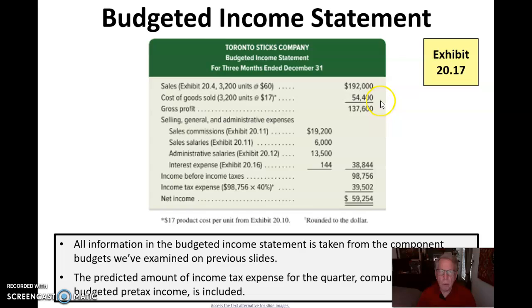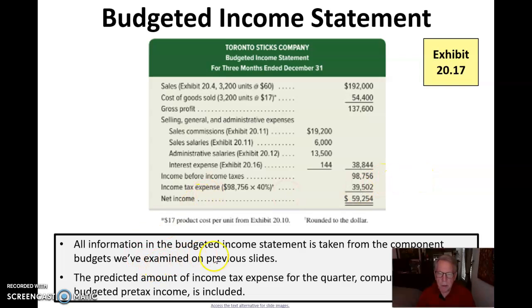We have our cost of goods sold for 3 months, our gross profit, and our selling, general, and administrative operating expenses: sales commissions, sales salaries, administrative salaries, and interest expense. That was the $100 plus the $44 for the first 2 months. And that gives us operating expenses of $38,000, and eventually we pay some taxes on that at 40%, and that gives us net income of $59,254.